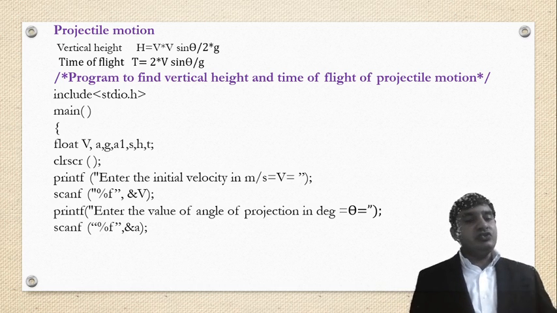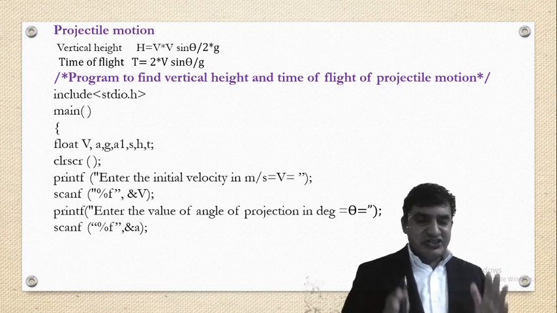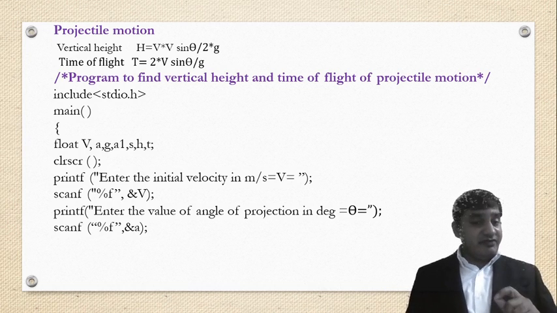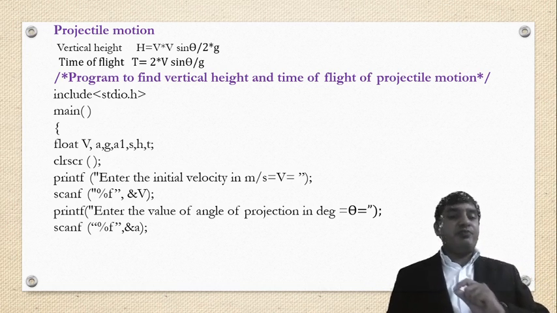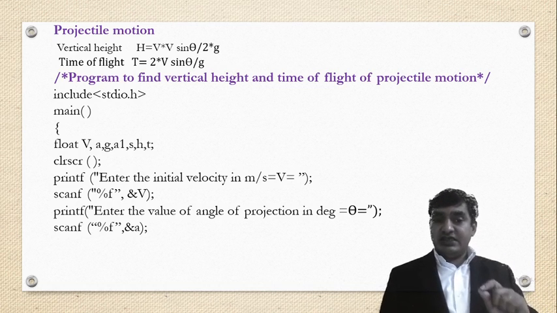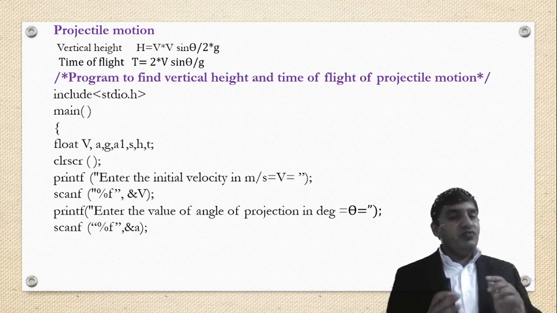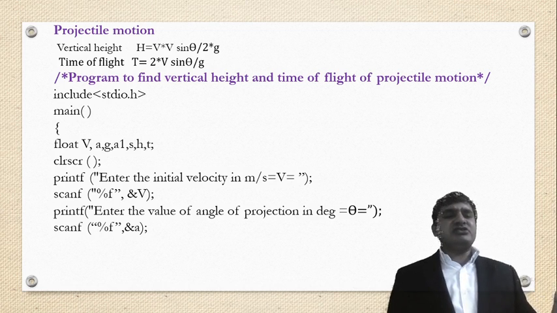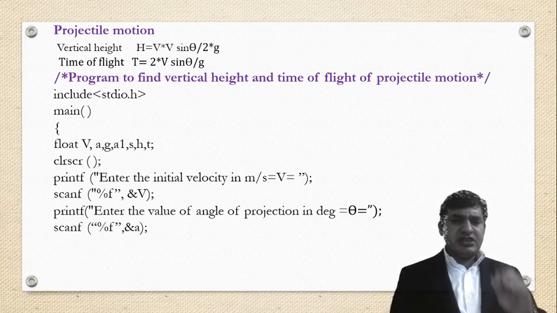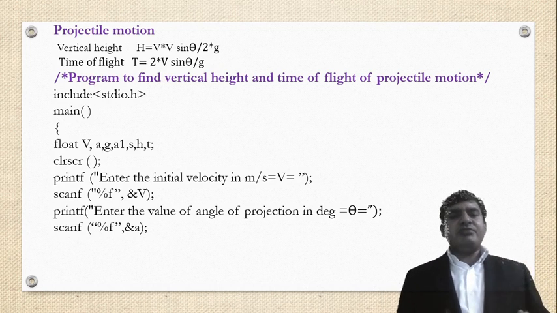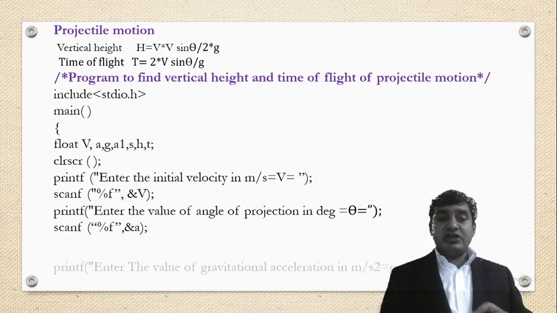For that we use the input function, scanf. scanf percentage f, because the angle of projection, here we consider a, is float, which consists of a decimal point. This input function is also terminated with a semicolon.